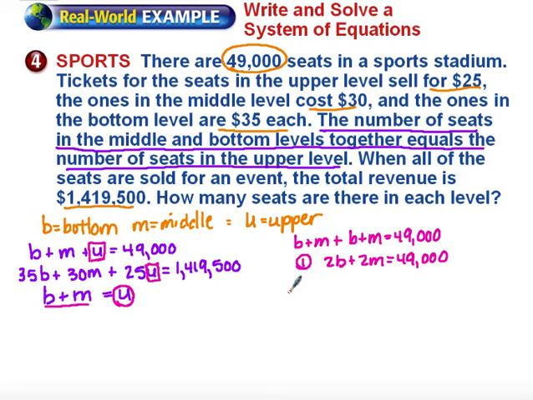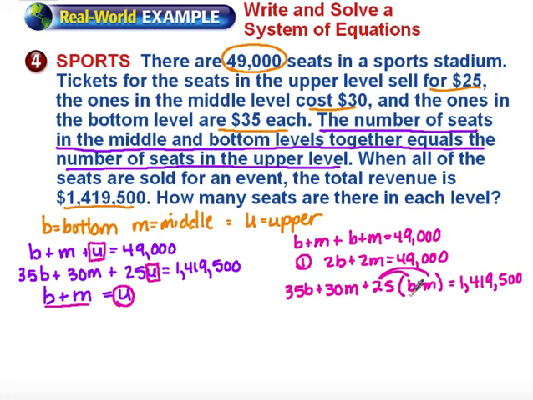So that's going to give me 35b plus 30m plus 25 times b plus m. So that means I'm going to have 25 b's and 25 m's to total 1,419,500. So I'm going to distribute that 25 and then collect my like terms.